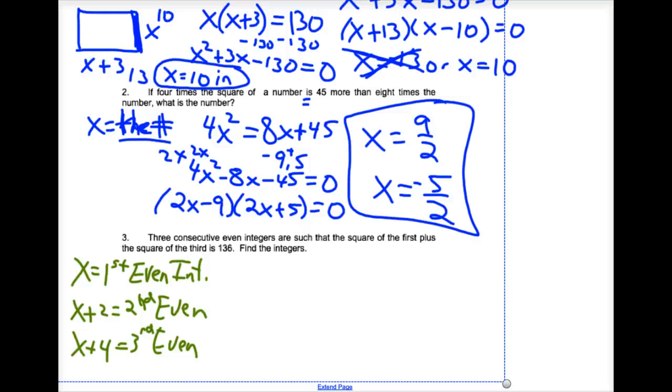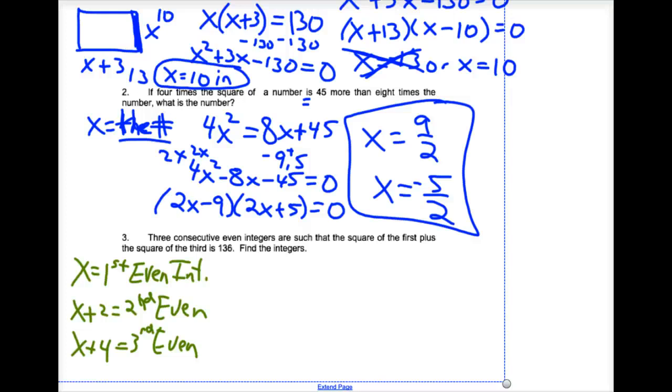The square of the first, x squared. The square of the third, x plus 4. Get the square 4 as well. I'll give you a big hint. You use parentheses. Gotta use parentheses. Go ahead, Nico.